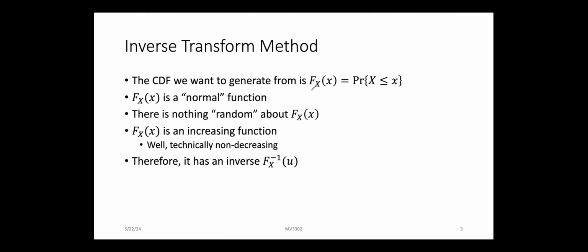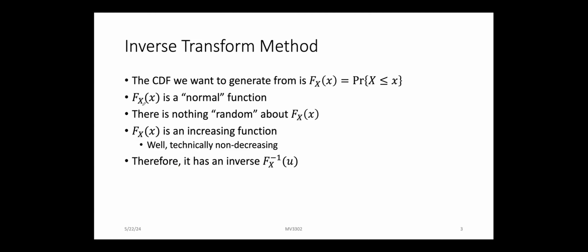If I say I want to generate exponential random variables, for example, then with this method I need to start with the CDF of the exponential distribution, or more generally, the cumulative distribution function for the random variable that I want to generate from. That's what we're going to work with. And as I said, this is just a normal function. There's nothing random about this. In many cases, we can actually write this down.